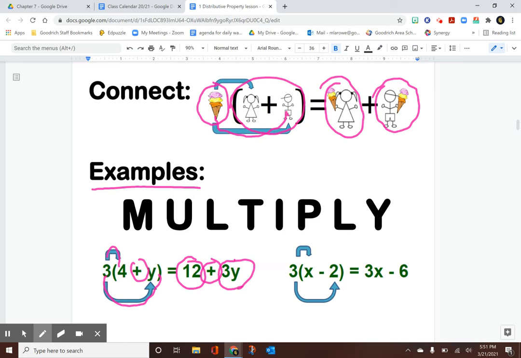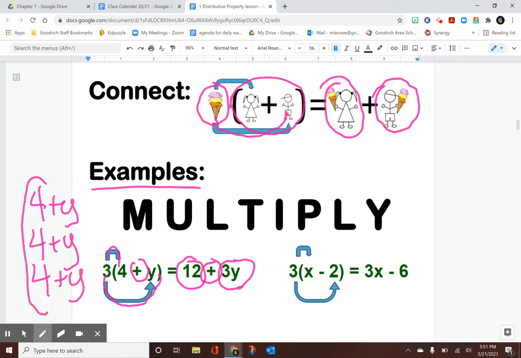So instead of having to do 3 groups of 4 plus y and breaking it down to one group, another group, and another group, there's a faster way of doing it. Because really what we're going to end up doing is putting the 4's together, 4, 8, 12, and that's where this number comes from. And then adding 1, 2, 3 y's to it, and that's where this number comes from.